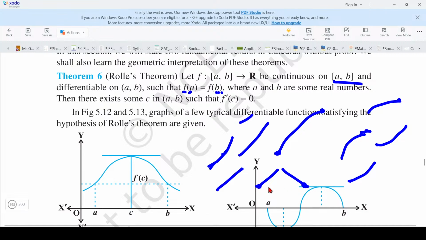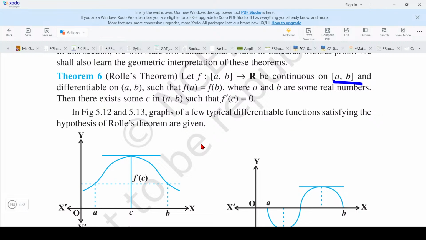You are reaching the same point where you started, you went there, you came down, you are reaching the same point, but your slope will never be zero. So that's the importance of continuity. If it is not continuous, then you can always create a function where, without the slope being zero, you can reach the same point, right?